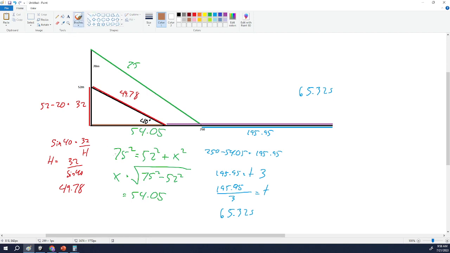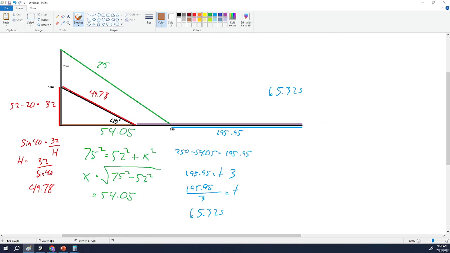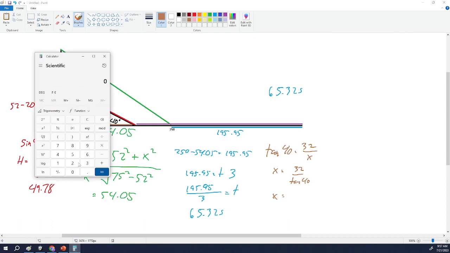In this case, we can do tan 40 is equal to 32 over our base. Isolate x: 32 over tan 40. X is equal to 32 divided by tan 40, which is 38.14.